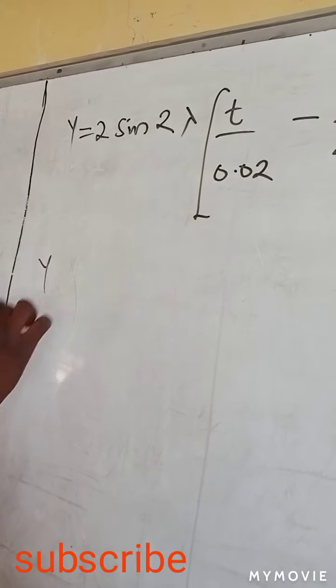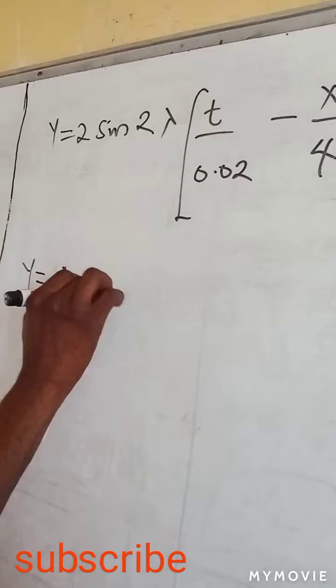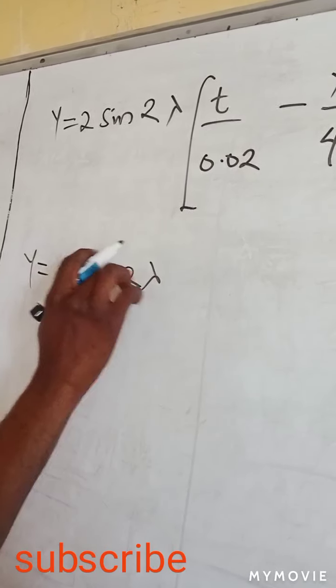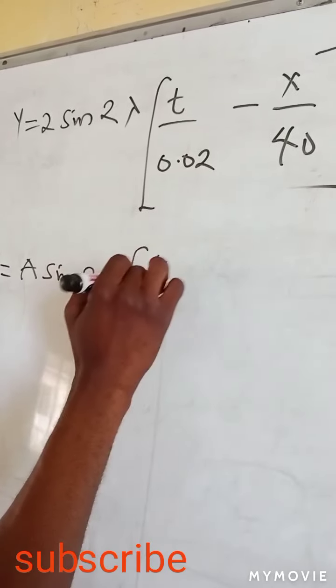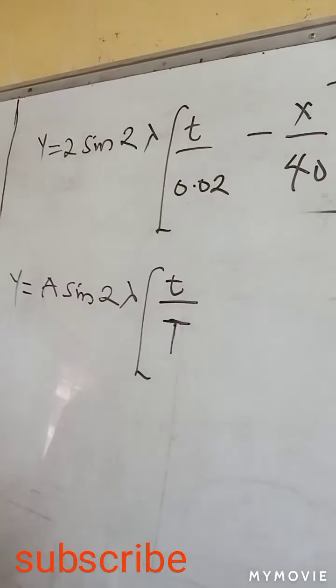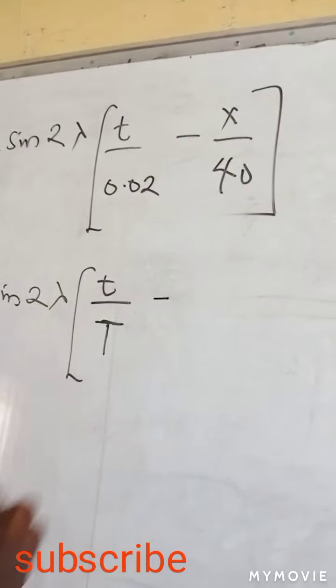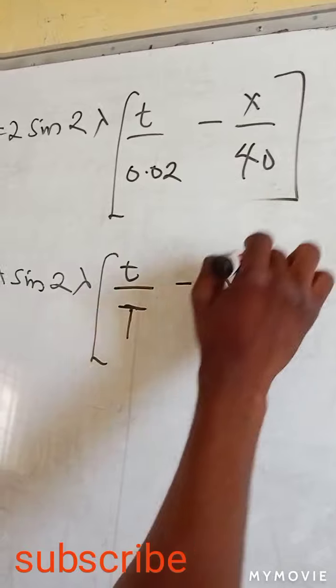The general equation is y equals a sine 2 lambda, open bracket, t all over T minus x all over wavelength, all in bracket.